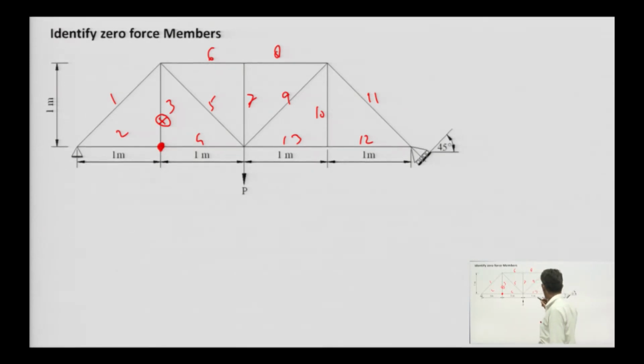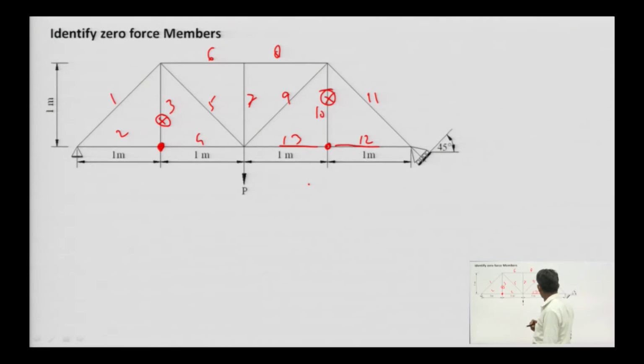force. Similarly, look at this joint, member number 10, a similar condition is here, that member will also not have any force, because member number 12 and 13 are collinear. Okay.